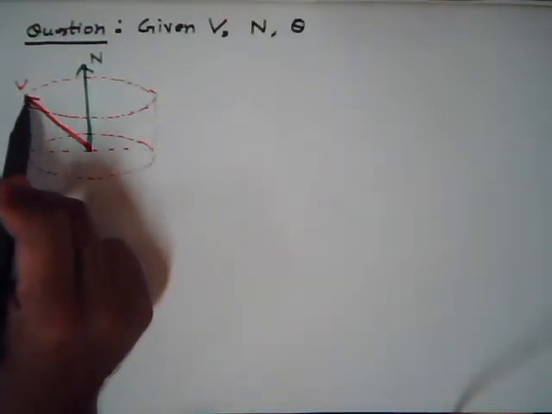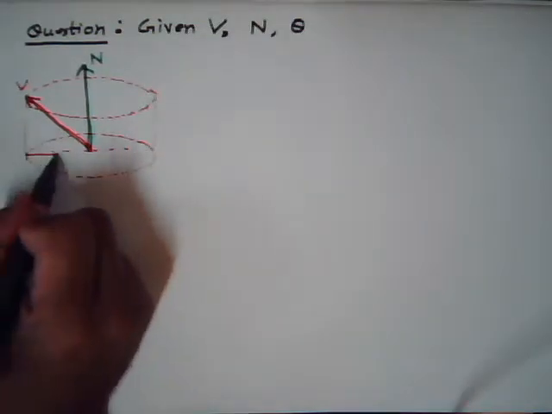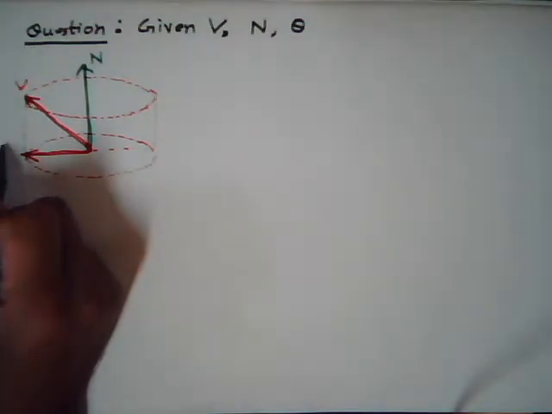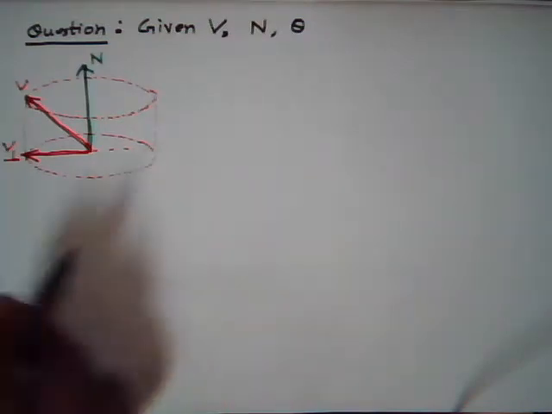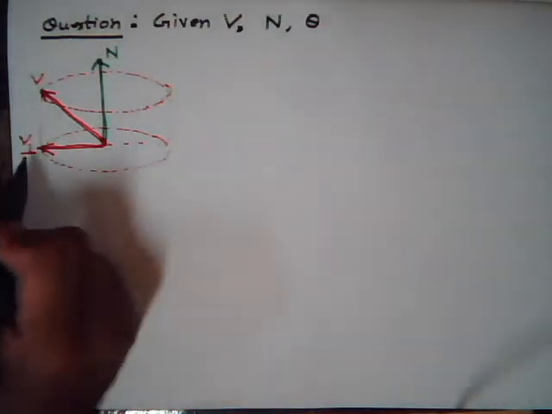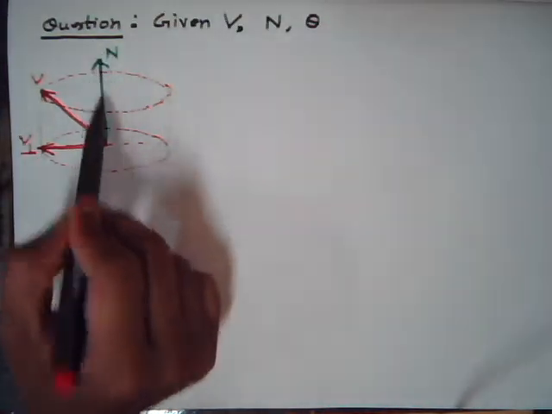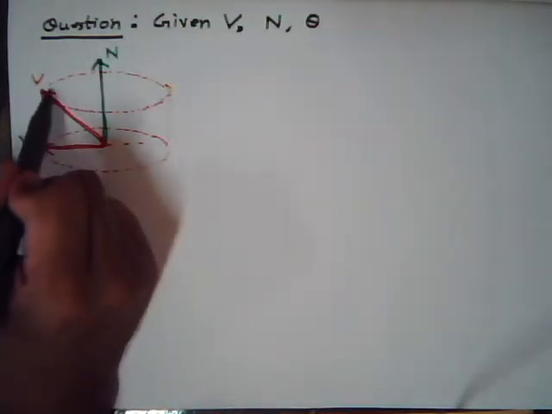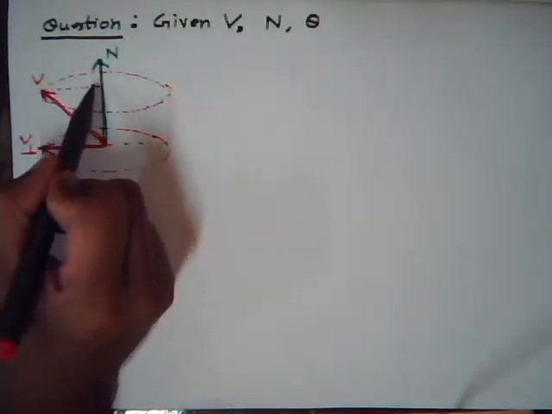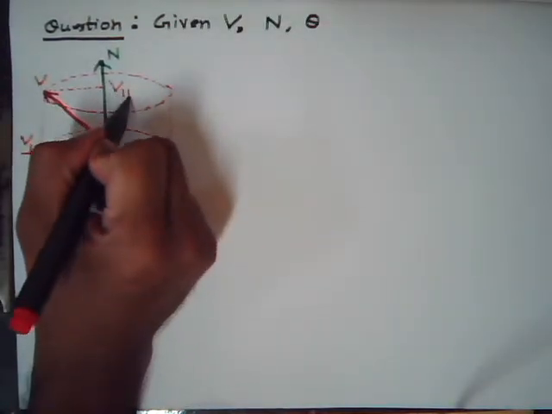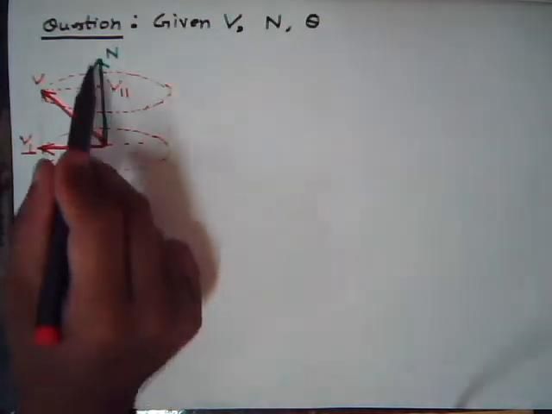Let me call the projection of this vector V on this horizontal plane as V perpendicular, V perp, to denote the fact that this component is perpendicular to the axis of rotation. And therefore I shall also denote the other component of this vector V as V parallel, which is parallel to the axis of rotation.